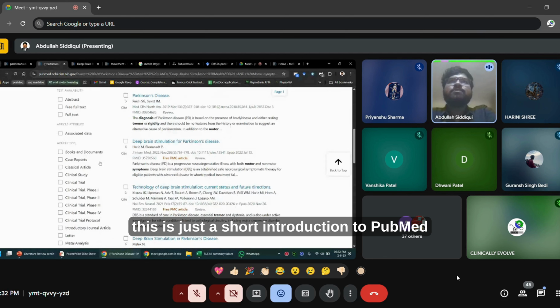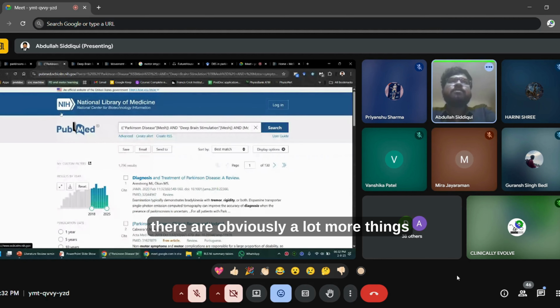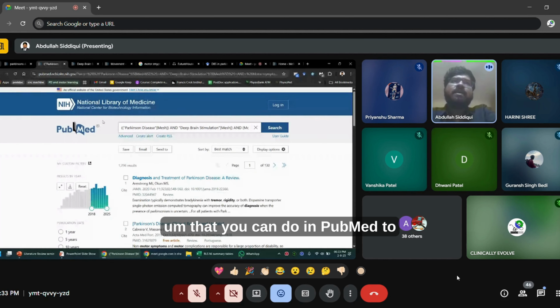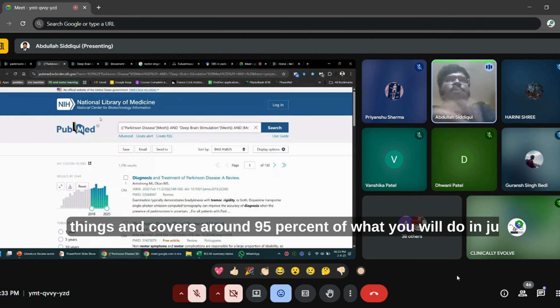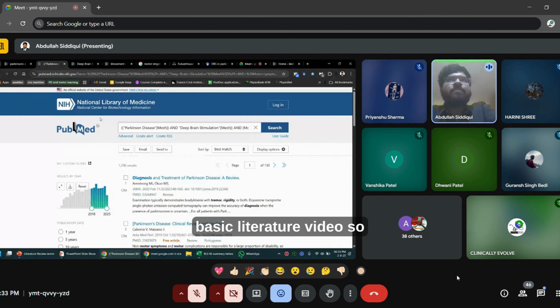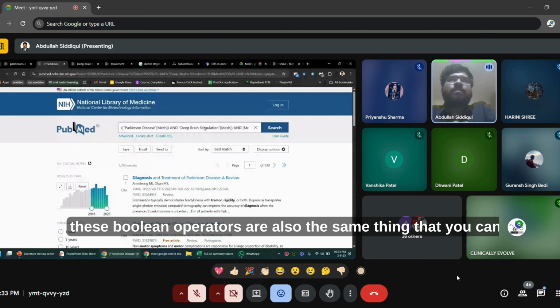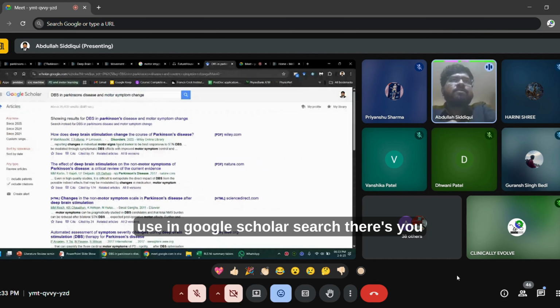This was just a short introduction to PubMed. There are obviously a lot more things you can do in PubMed to improve your search, but this is one of the basic things and covers around 95% of what you will do in a basic literature review. These Boolean operators are also the same thing you can use in Google Scholar search.